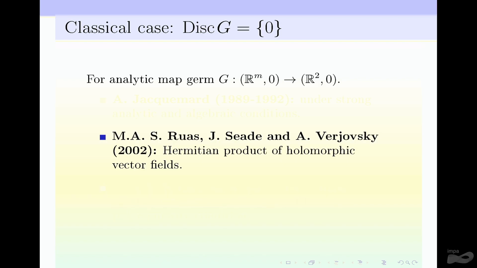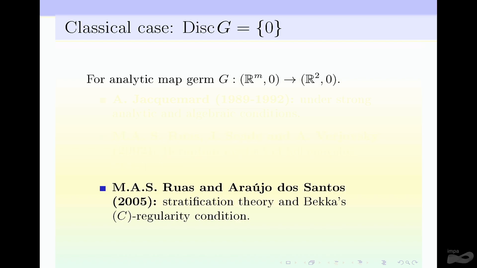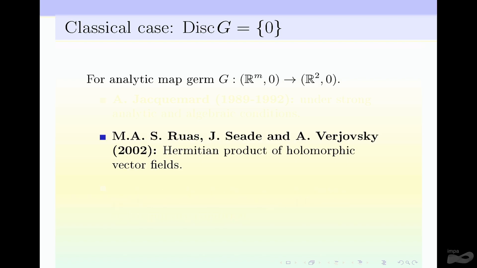Seade, Verjovsky, by looking at a Hermitian product of a holomorphic vector field. I also developed a study with Ruas in 2005, where most of these tools and ideas started, and also in this paper here.